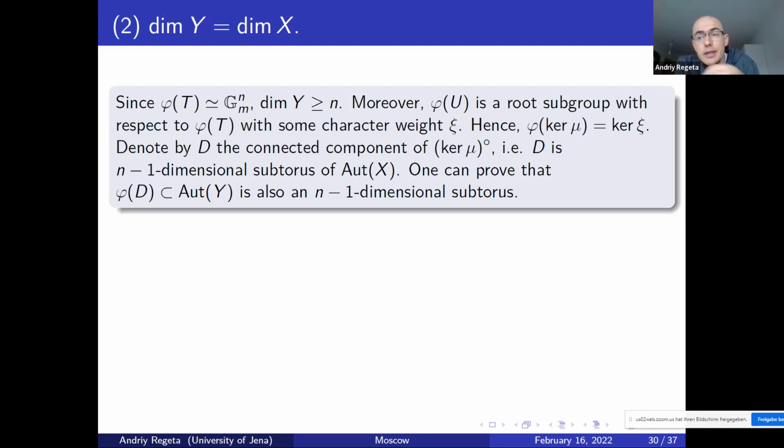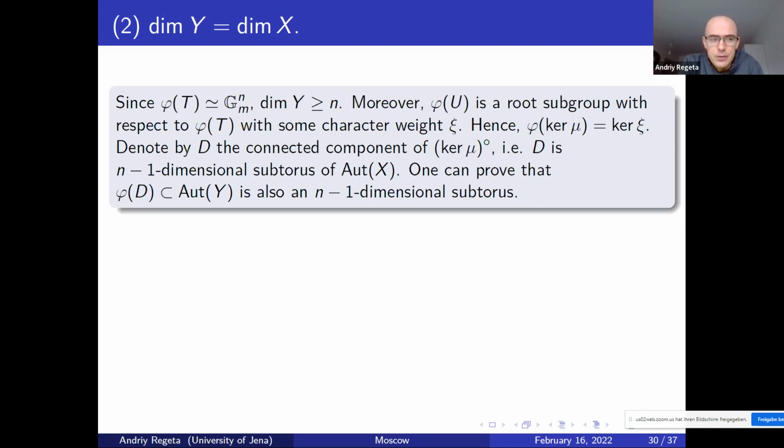And ker xi is again a finite extension of n-1 dimensional subtorus of phi of t. Denote by d the connected component of ker mu naught. In other words, d is an n-1 dimensional subtorus of Aut x. One can prove now that phi of d is also n-1 dimensional.